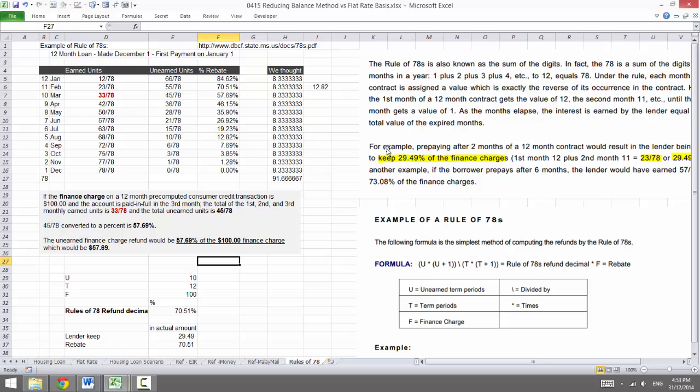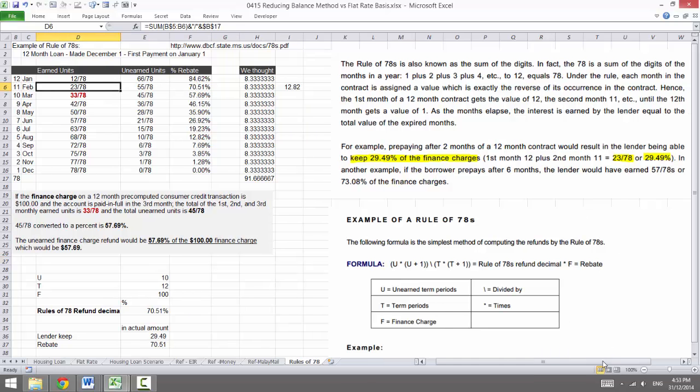So what does it mean? For example, prepaying after 2 months of 12 months, it's 29.49. So how do we get this? Well, basically, you take 23 divided by 78. 78 is the sum of digits. And then that will be 29.49%.